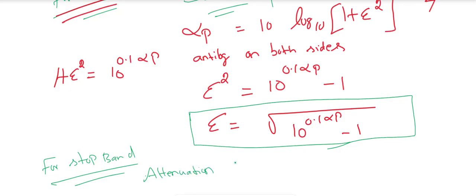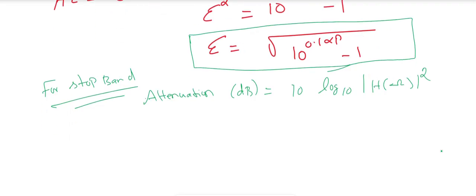Attenuation in dB is equal to 10 log 10 of H of omega squared, where you are considering omega equal to omega s. So attenuation in stop band, minus alpha s, is equal to minus 10 log 10.